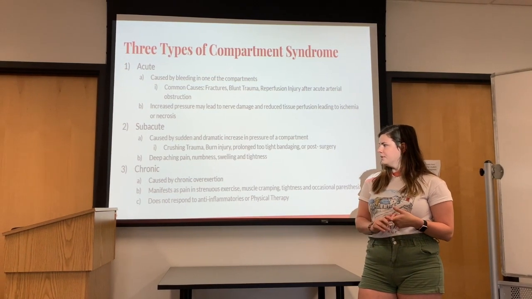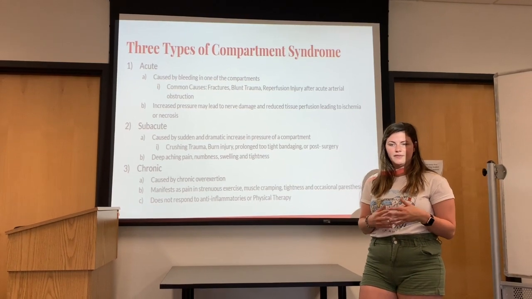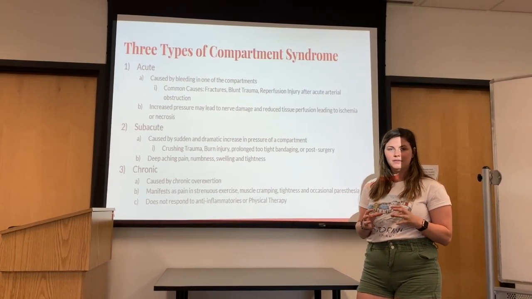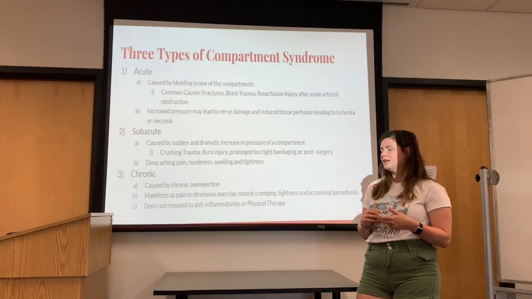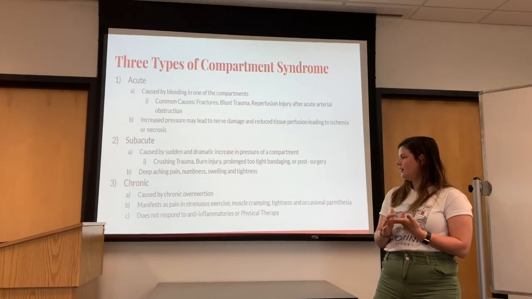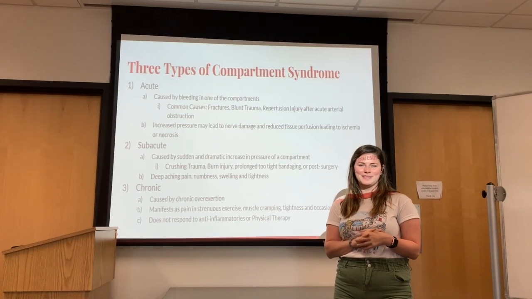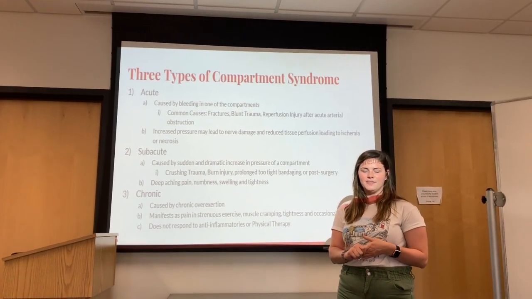And then the third one is chronic, and this is caused by chronic overexertion, so excessive exercise. This manifests as pain when they're doing that strenuous exercise, muscle cramping, tightness, and then occasionally paresthesia. This type of compartment syndrome doesn't respond to anti-inflammatories or physical therapy.